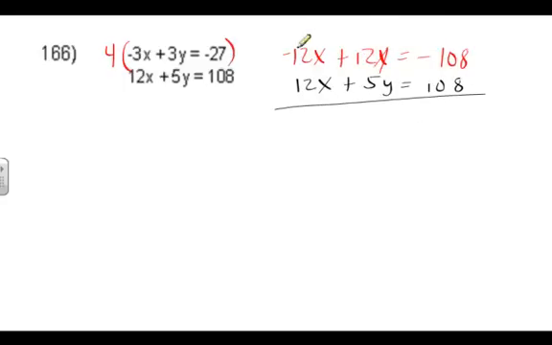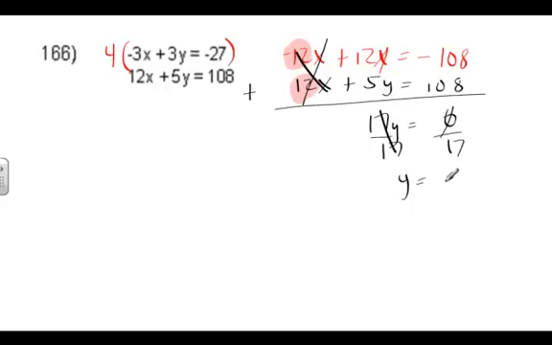All right. Notice that I have opposite coefficients. So what does that mean I do? Just add. I don't have to change anything else. Good. So this is going to be 0. That's going to be 17y, and these cancel. So again, we know that when we have 0 divided by anything, you get 0, right?